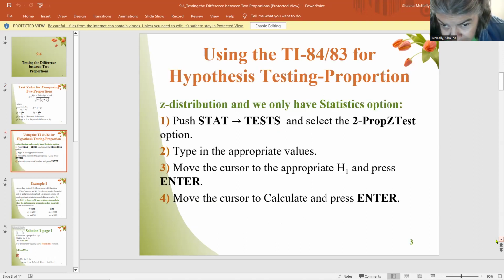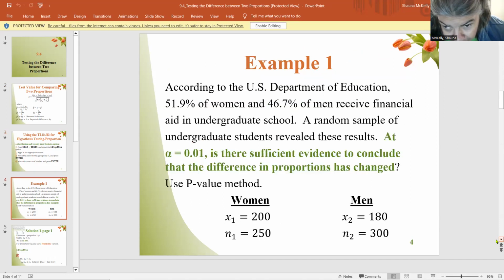This is the procedure for doing a hypothesis test with two proportions on your calculator. We'll go over that. You'll find it here, and also on a separate page on Canvas. Remember, we can have summary data like she does in this example, or in some cases actual values.